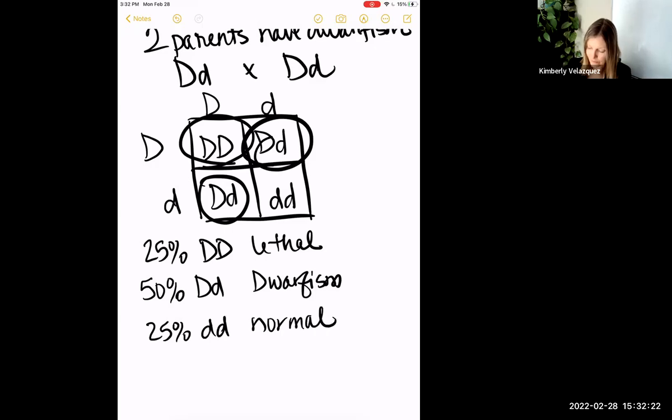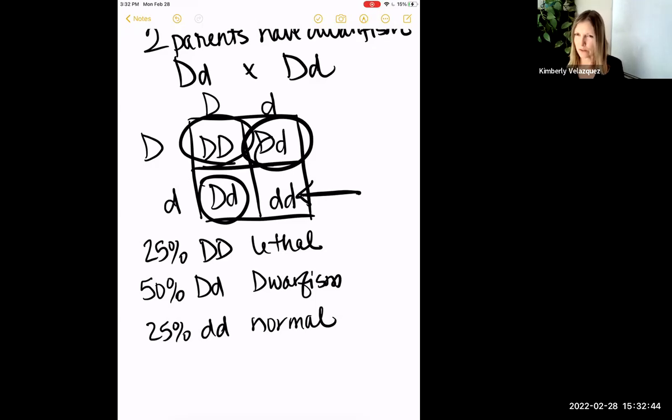So these individuals, both parents had dwarfism. Not only do they not have dwarfism, but they can't even pass it on to their offspring because they don't even have that gene in their DNA. And that's because mom and dad were both heterozygous. So if heterozygous individuals have the disorder, you know that it's autosomal dominant.